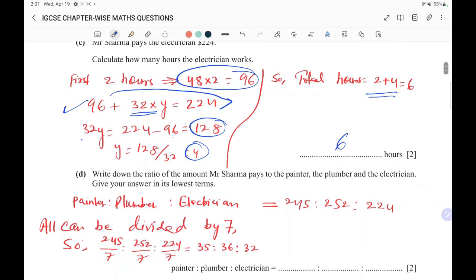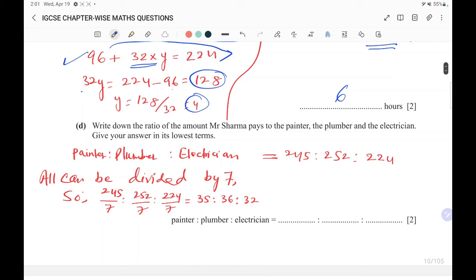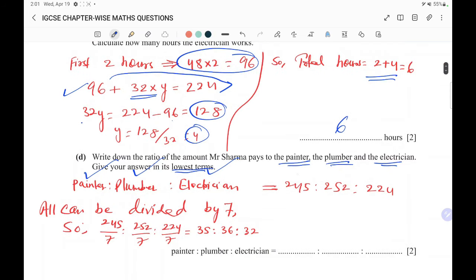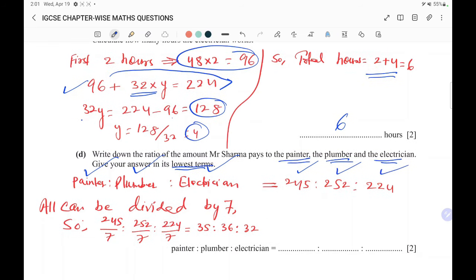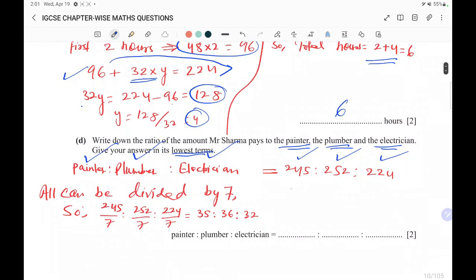Now D part says write down the ratio of the amount Mr. Sharma pays to the painter, plumber and electrician. Give your answer in the lowest terms. So painter, plumber, electrician. The painter he paid $245, then $252, then $224. Now when you observe these numbers, all three are divisible by 7.